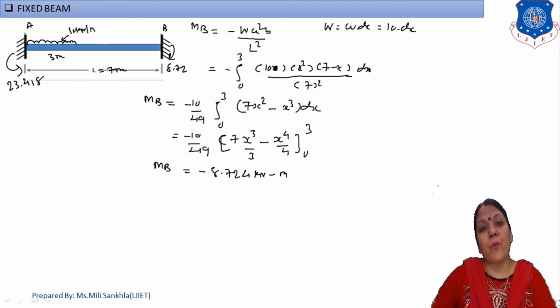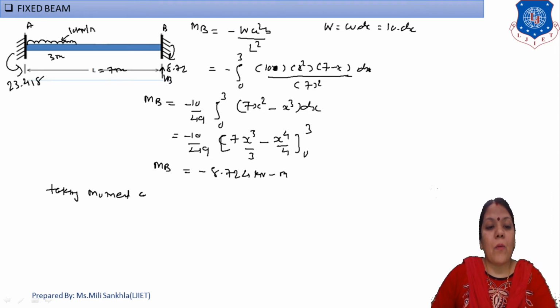Now we find out support reaction, because here the fixed beam is subjected to unsymmetrical loading, and we find out support reaction for the fixed beam. So let's suppose, assume that this support reaction VB is in an up direction. Make here taking moment about A and compare anti-clockwise moment with clockwise moment.